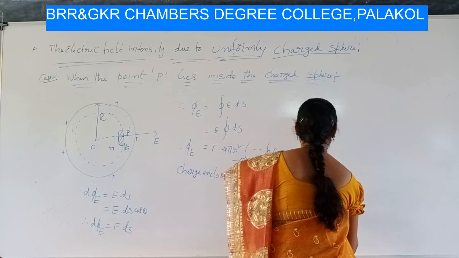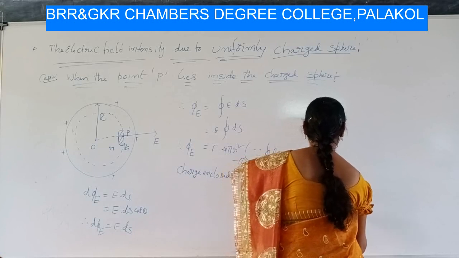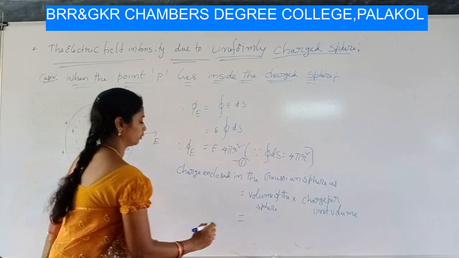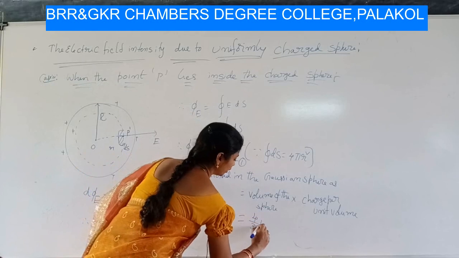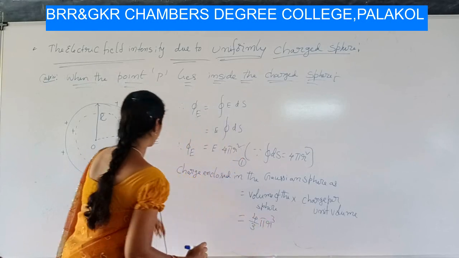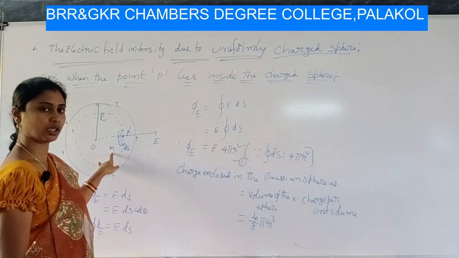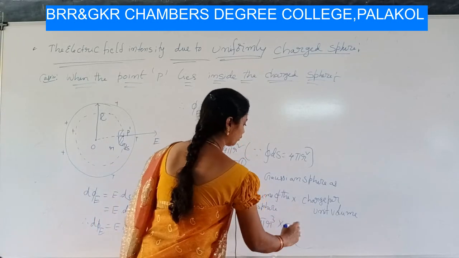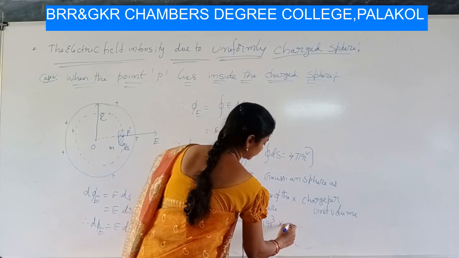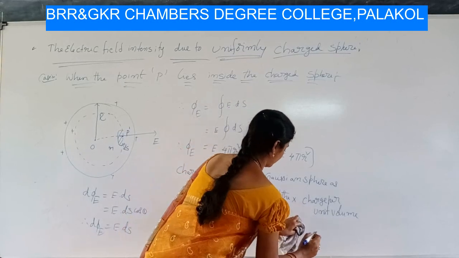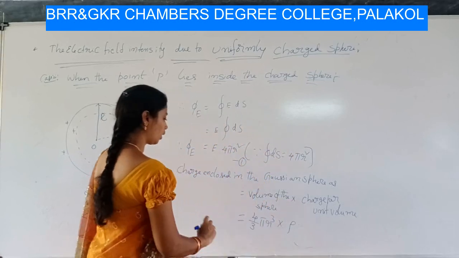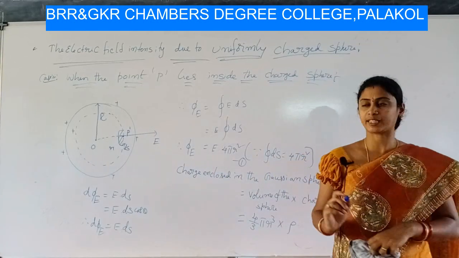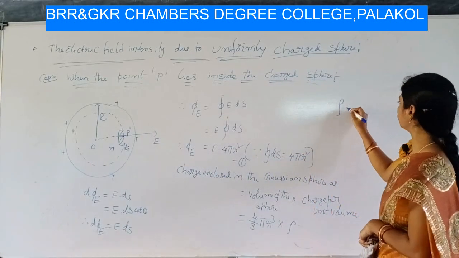The volume of the Gaussian sphere with radius r is 4/3 pi r cube, and the charge per unit volume is treated as rho.